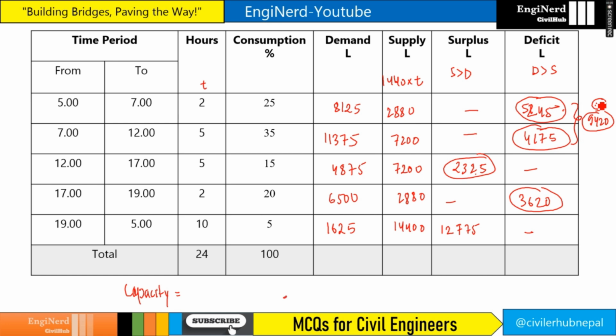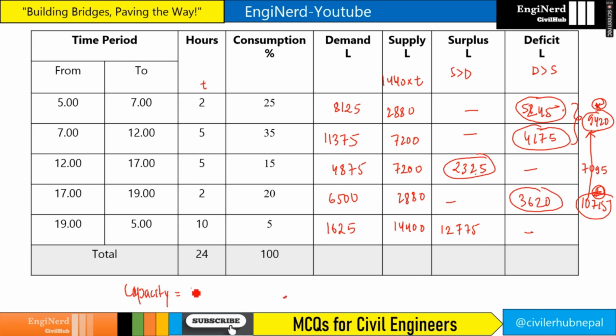Let's check. If I go here, 2325, it will be minus 2325, and it will be 7095. It is lesser than 9420, so I can go here only. Let's take this 3620, now plus 3620, it will be 10715. So this value is greater than this, so this is the maximum deficit value.